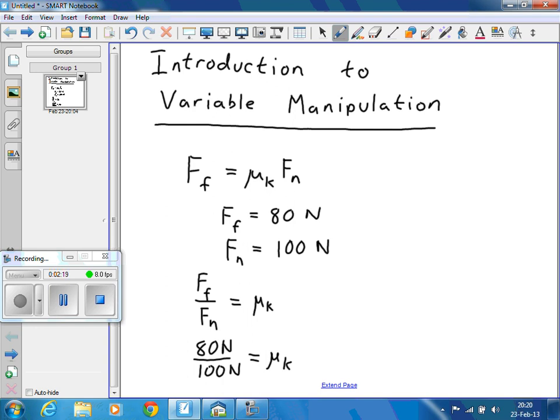And I find out after I run this very straightforward calculation that the coefficient of kinetic friction is equal to 0.8. Well, great, Mr. Schumacher. I think that's something we could have done before, and I agree. This is a very easy example meant to illustrate the technique that will become useful as the problems become more difficult. So let's try another example.